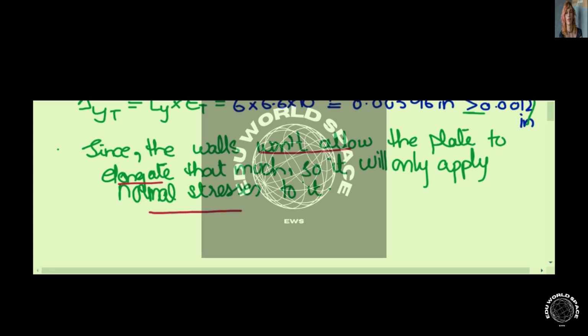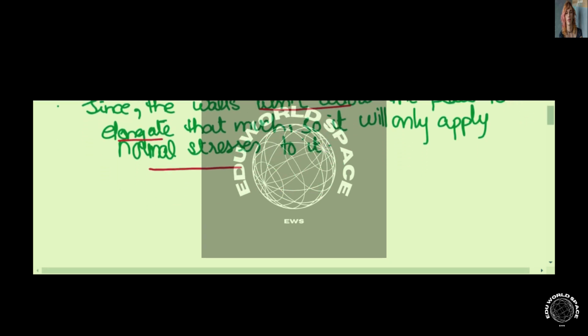Now, what we are going to do is that the stresses will be opposite in direction with those of the temperature. So let's take a look at their values. Let's try to find them out, right? So we have del sub xw, right?